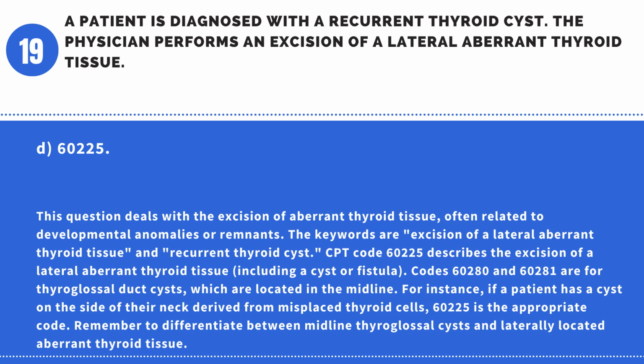Codes 60280 and 60281 are for thyroglossal duct cysts, which are located in the midline. For instance, if a patient has a cyst on the side of their neck derived from misplaced thyroid cells, 60225 is the appropriate code. Remember to differentiate between midline thyroglossal cysts and laterally located aberrant thyroid tissue.